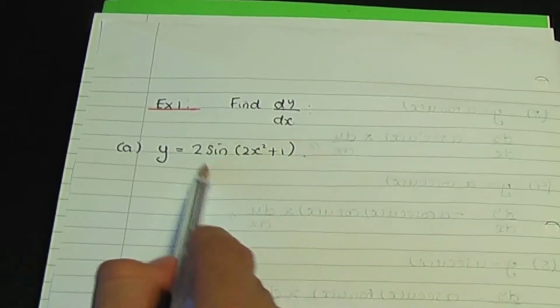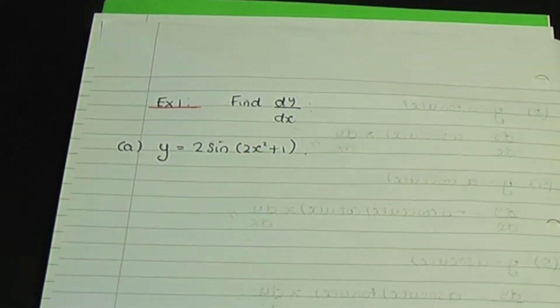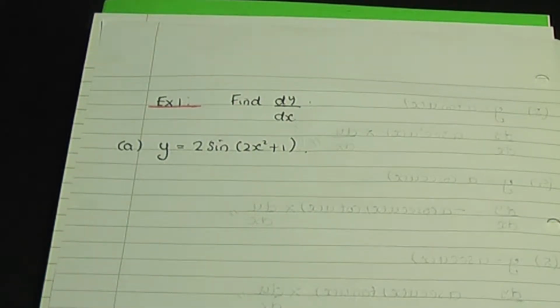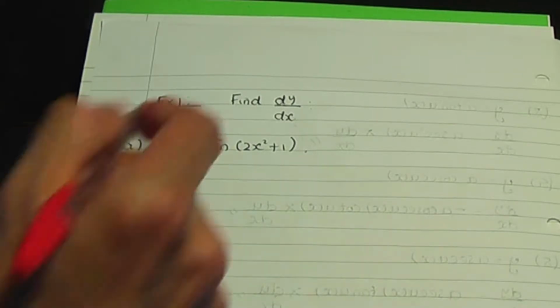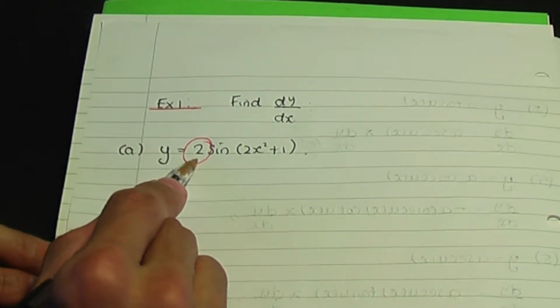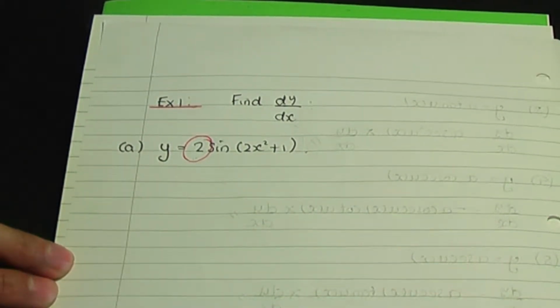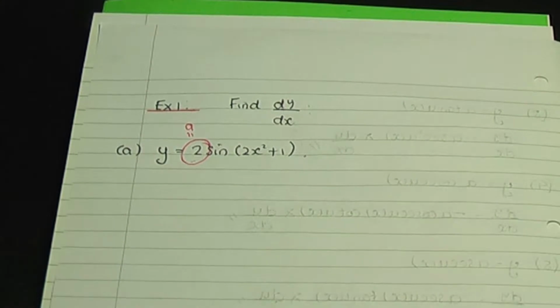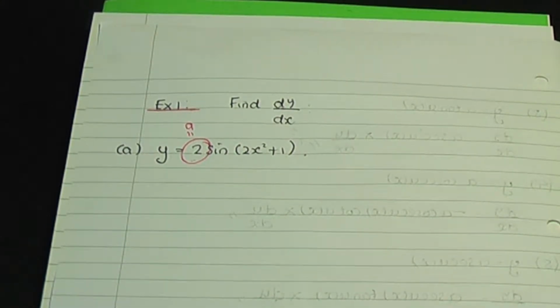So sine 2x squared plus 1 is one function. Now what I normally do is I look at the term in front of my function. The term in front of my function is 2. 2 is a constant, so that means I can use my chain rule related result. Remember that term we regarded as a when it came to the results.